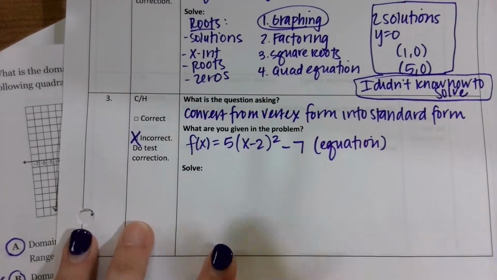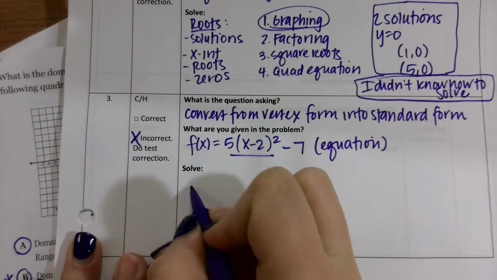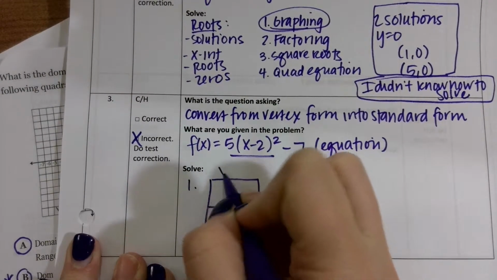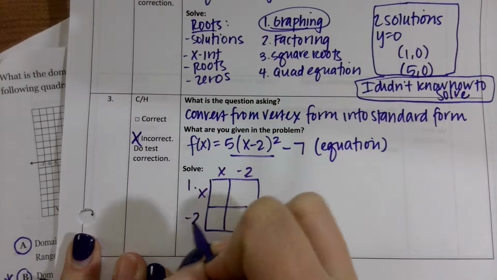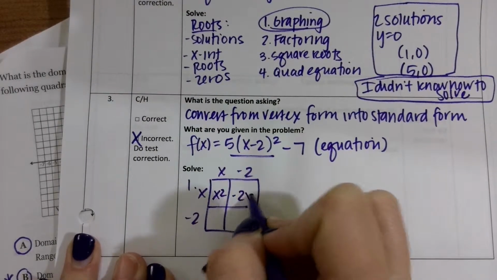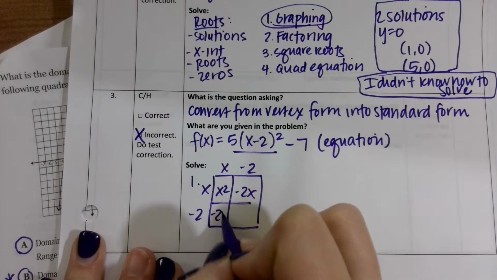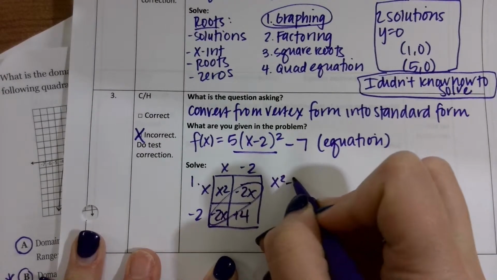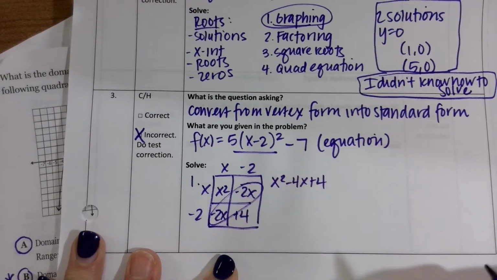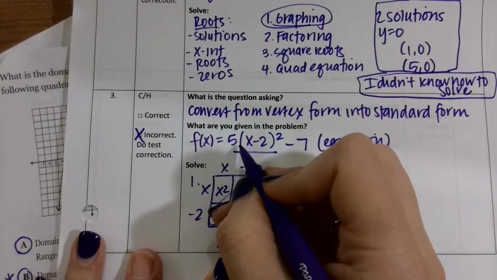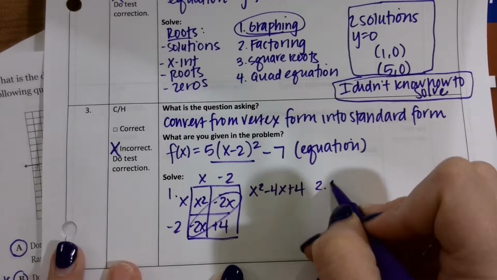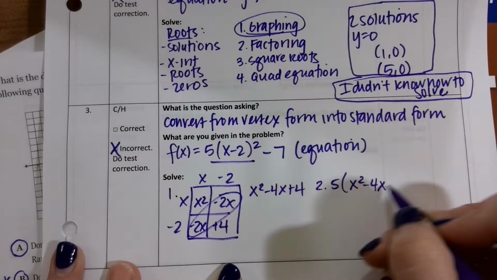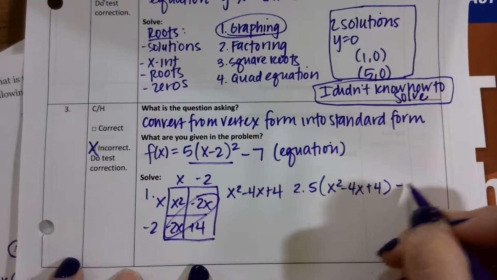And now I'm going to solve. I'm going to do the box method first. Make sure that you're multiplying here. Combining like terms in the middle: x squared minus 4x plus 4. That's not my final answer. I still have to put my 5. Equals 5 times (x squared minus 4x plus 4) minus 7.